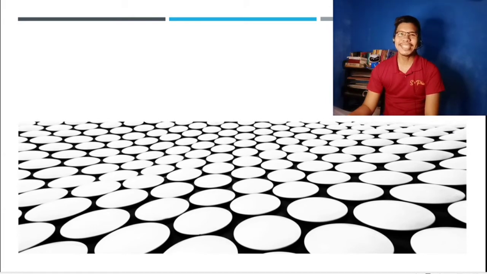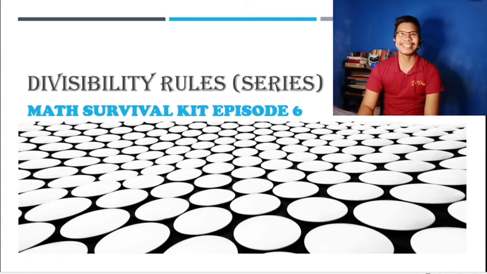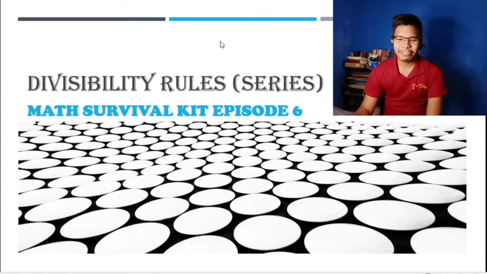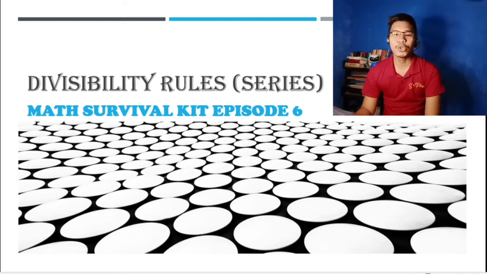As we continue the Math Survival Kit, this time the second series for the Divisibility Rules. This is episode 6 of Math Survival Kit, Divisibility Rules series. Today we're going to discuss the continuation of the Divisibility Rules discussion. From our last week's episodes, we discussed the divisibility rules for 2, 3, and 6.